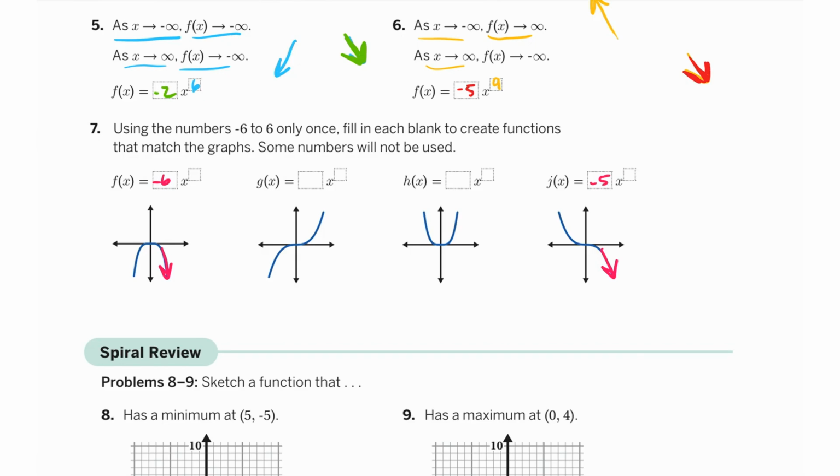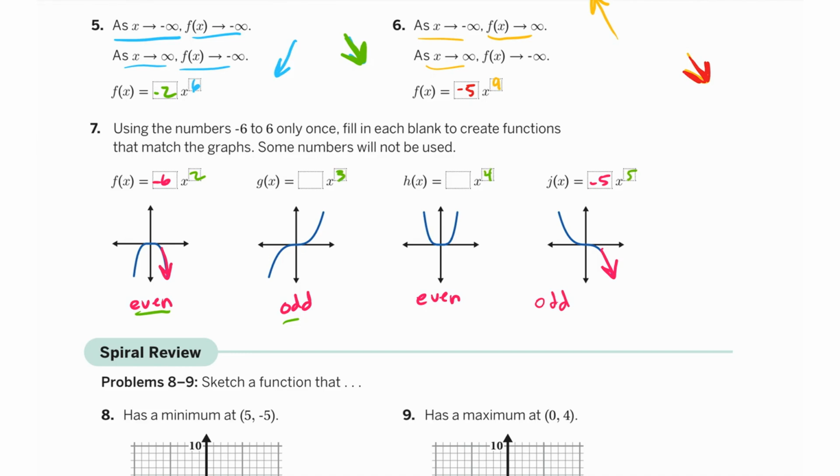And so in this one here, we see that this one has to be even since the end behaviors are the same. This one has to have an exponent that's odd. This one has to have an exponent that's even. And this one has to have an exponent that's odd. So when I go through this, since I'm looking for an even exponent, we'll call this 2. An odd exponent, we'll just go 3, 4, and 5.